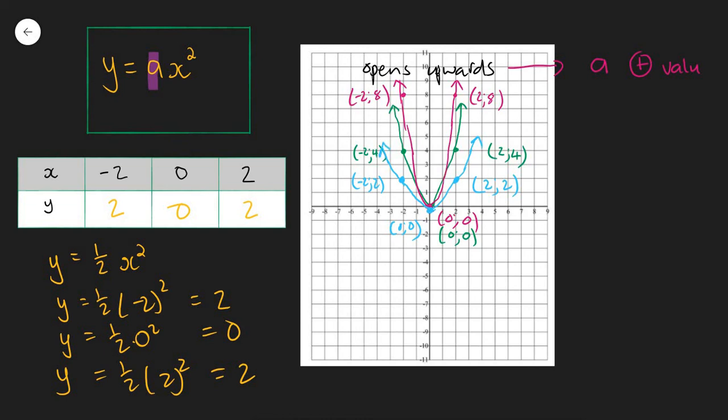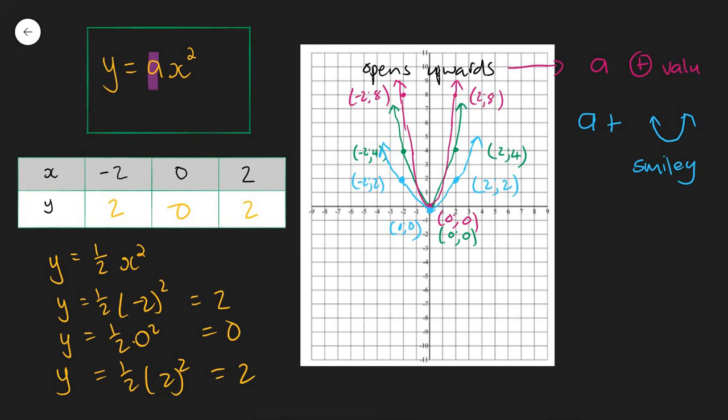Now, with positive a in each of these cases that I've just drawn, all of these legs of the parabola open upwards. Remember, when my a is positive, it's a smiley face, so the legs go upwards. What else have we noticed?